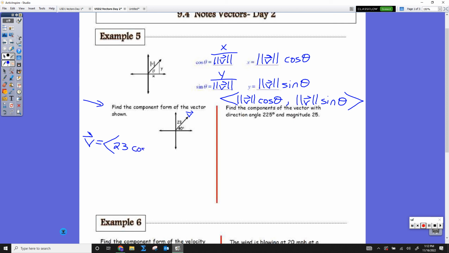Cosine 40. And then 23 times sine of 40. Go to your calculators and punch those in, please. 23 cosine 40, 23 sine 40.